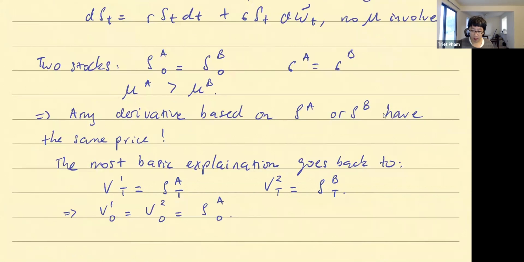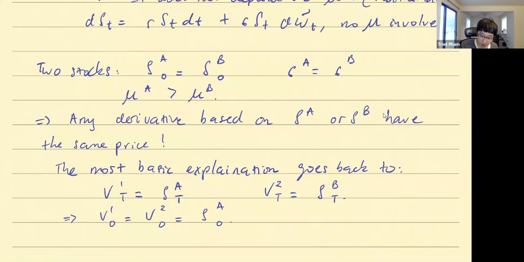So already here, you can see a paradox, if you will, or not paradox, just a counter-intuition. Somehow, you clearly expect stock A to perform better, so stock A has a much better chance to be higher than stock B at time t.